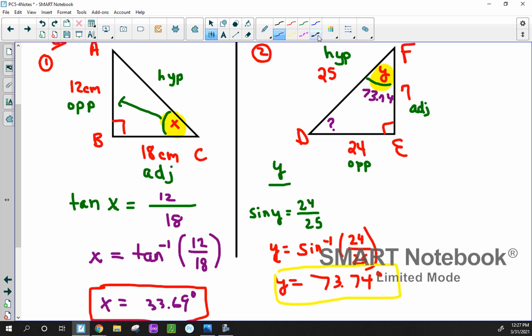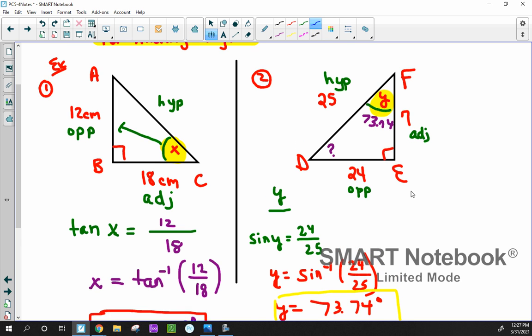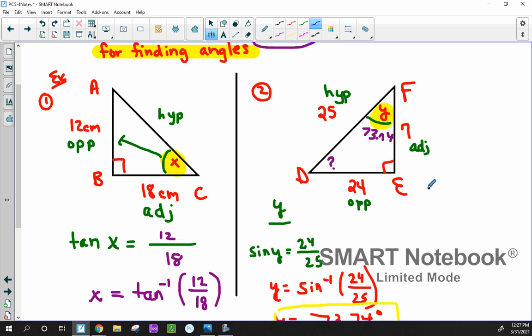And then I did tell you I would show you why the other ones work. So look, we're going to pick another one. I'm going to do cosine for the same exact problem. I already know what the answer is going to be. The cosine of Y, you would say, is adjacent 7 over hypotenuse 25. So even though the trig equation looks entirely different, the outcome should be the same.